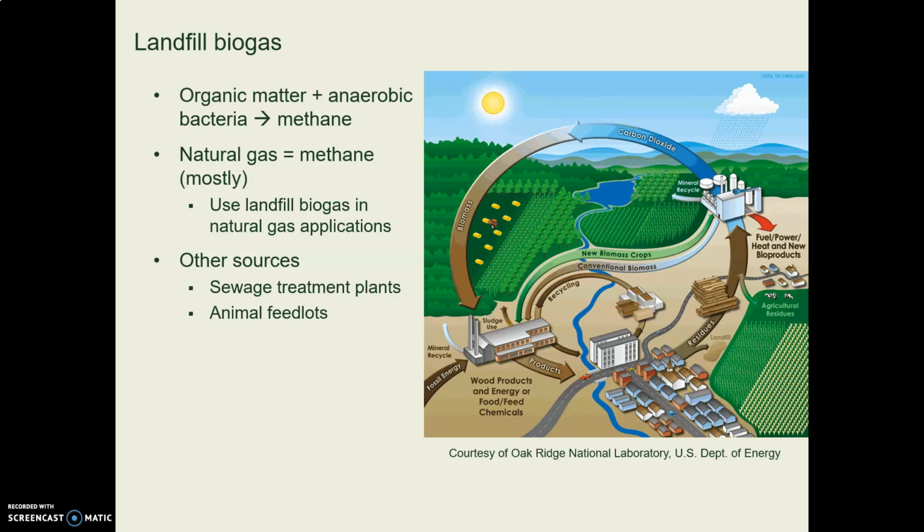They capture the biogas, the natural gas that's produced by these bacteria, and they use it in burners to turn generators. Other places that use biogas are sewage treatment plants, although that's less common, and also, and this is sad, animal feedlots.